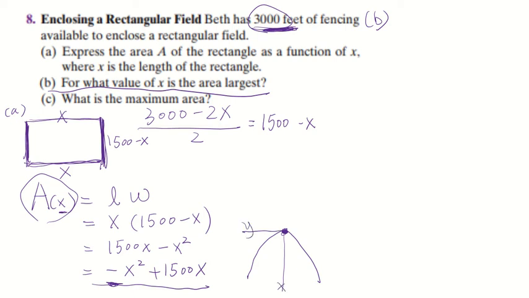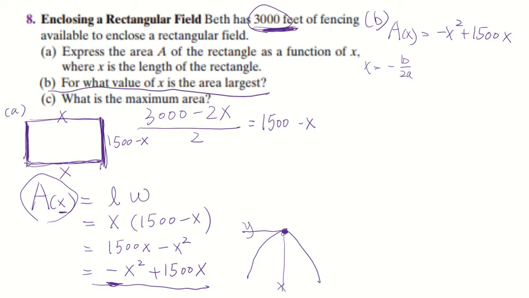So this is pretty much the problem of finding the vertex. Okay, so let's try to find the vertex here for this function. Let's write down the function A of x equals negative x squared plus 1,500x. So to find the vertex, there are two ways. You can use either way you want. So here I'm going to use the negative b over 2a way.